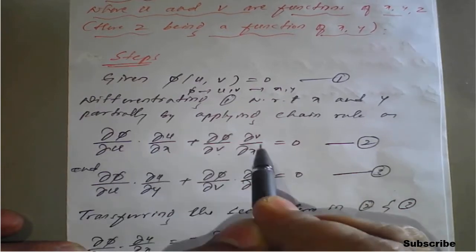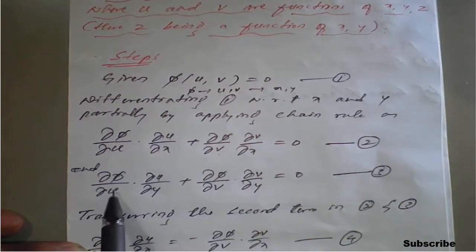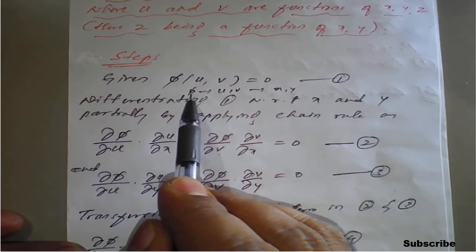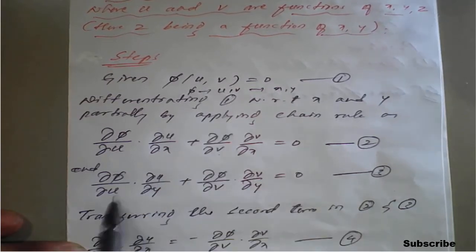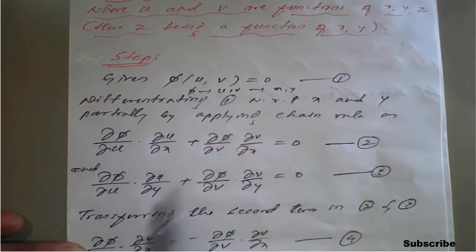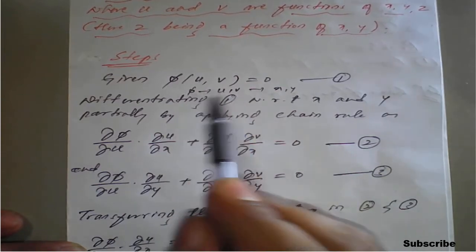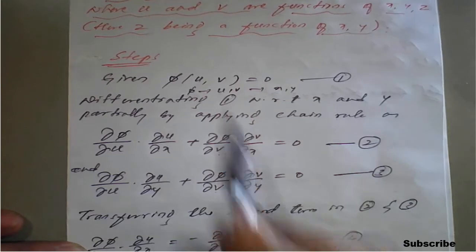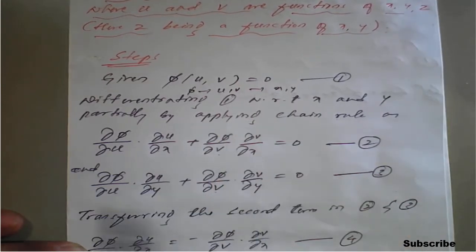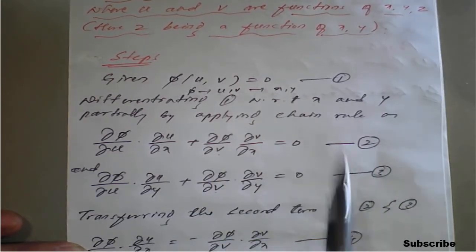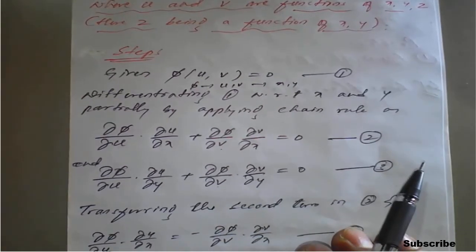So with respect to x, this gives equation number 2. Similarly, dou phi by dou u into dou u by dou y, with respect to y, plus dou phi by dou v into dou v by dou y. We get equations 2 and 3. This is just explanation. We have to use the result directly in the problems.